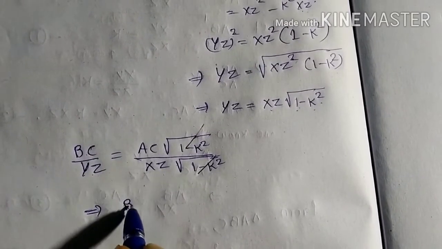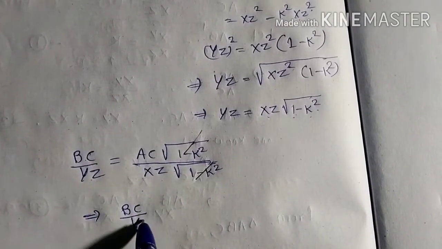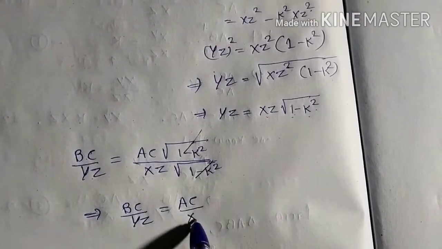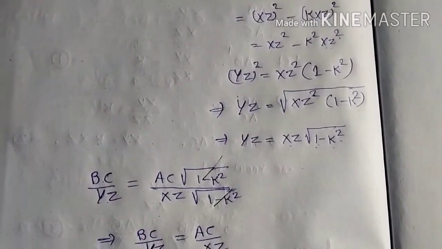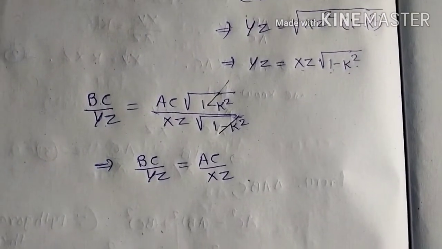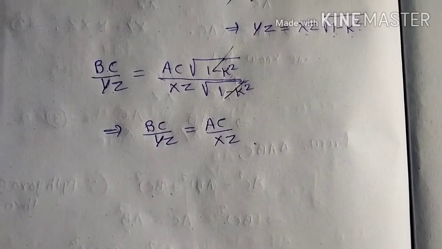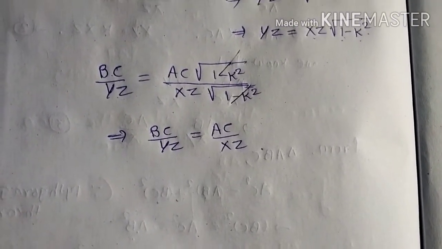So that you can write here, implies BC by YZ is equal to AC by XZ.